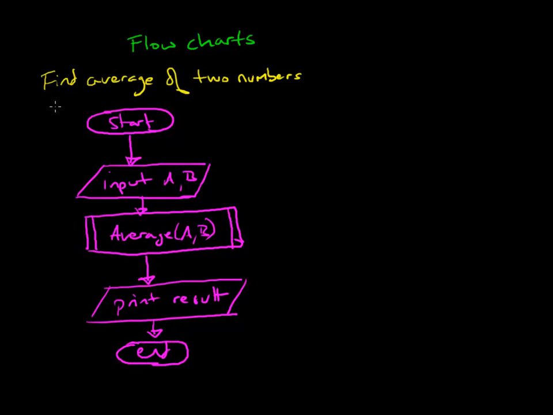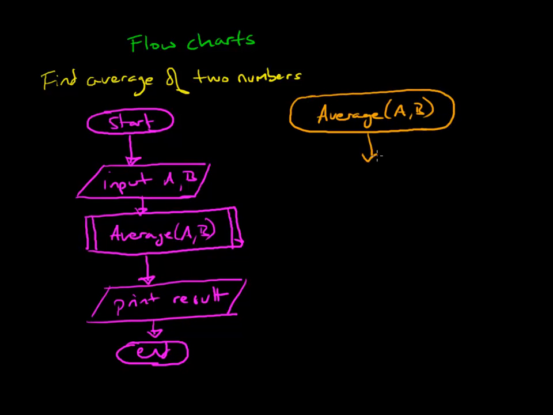Now, of course, someone else has had to do this, and what the other person's done, or you will have done in a subroutine, is you will have the other part. So instead of a start symbol, you're going to have average of A and B, and that's instead of my start. That then leads to the total being A plus B, and so that's processing.